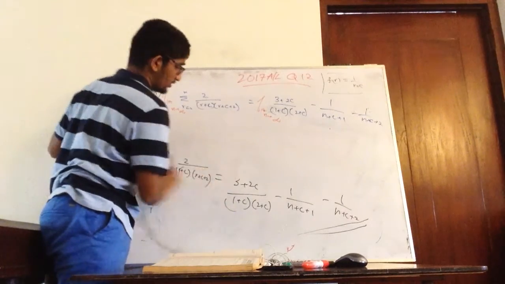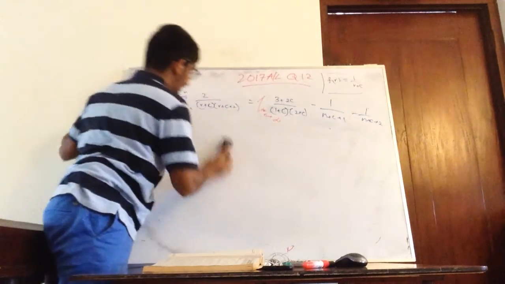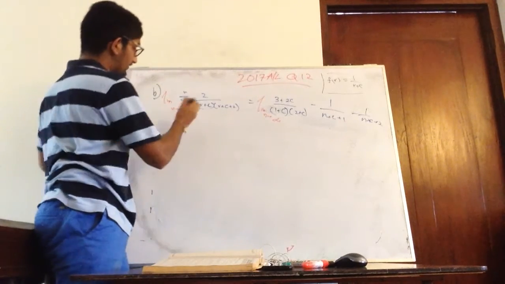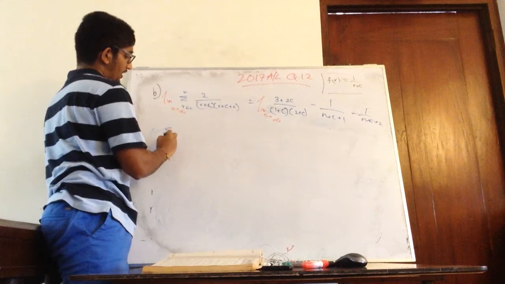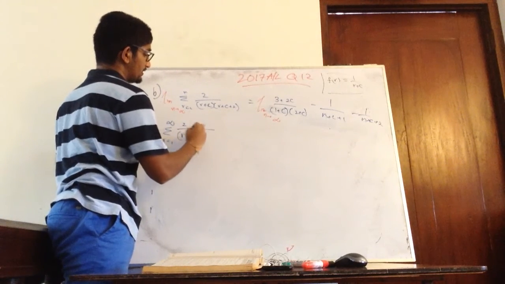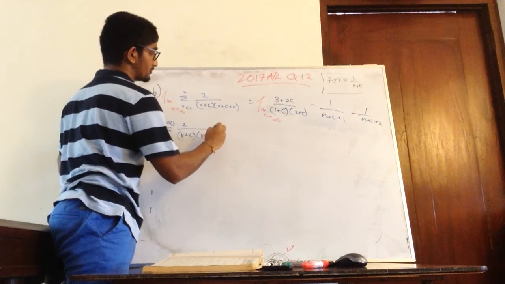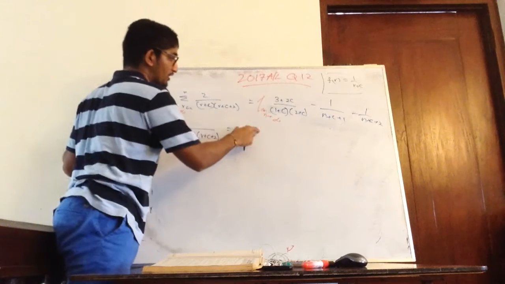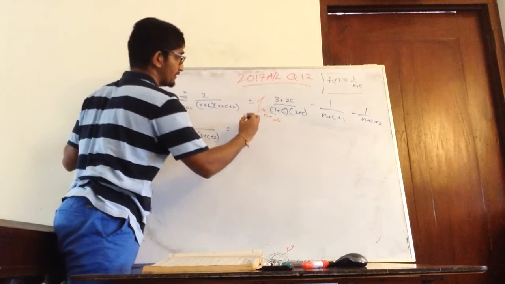Correct, no? So now when I want the limit when it goes to infinity, I will get the sum from r equals 1 to infinity of r plus c plus 2. So here this is a constant, so the constant will be there anyway.